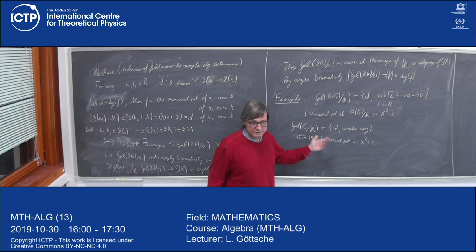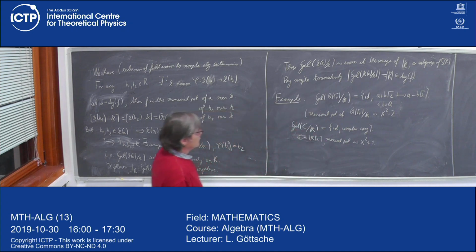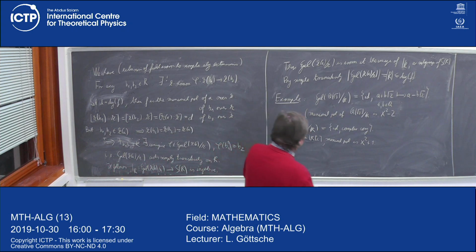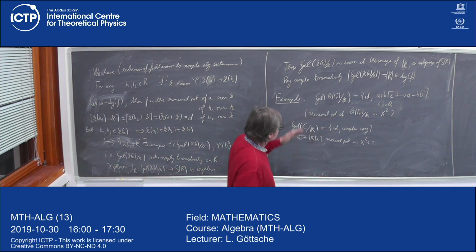So we know there are two elements. We have already seen two elements, namely the identity and complex conjugation, so this must be it. Anyway, it also follows directly from the definition. So here we see two examples where the Galois group has as many elements as it can have, the same as the degree of the minimal polynomial.